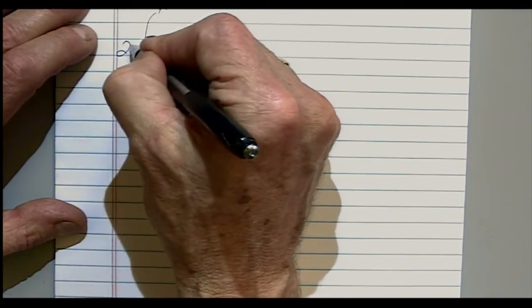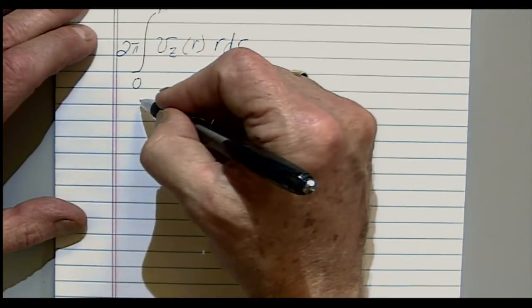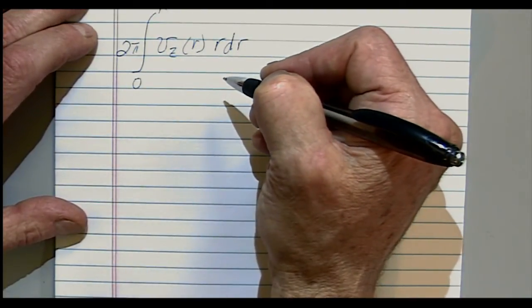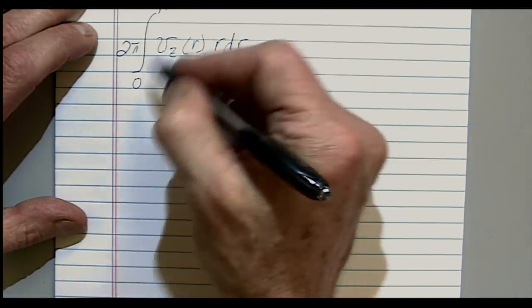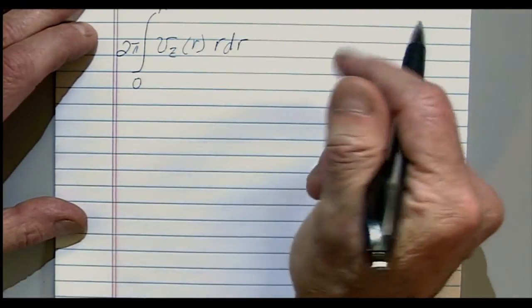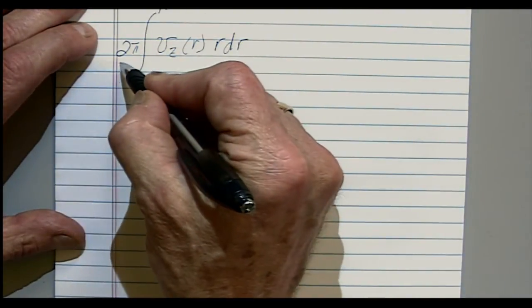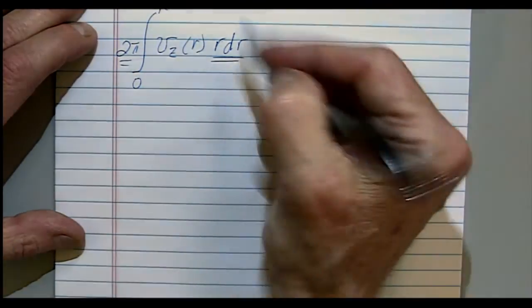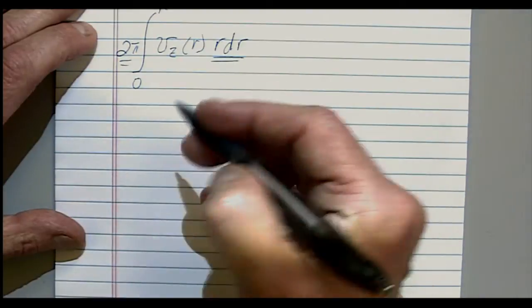So we get 2 pi out from doing the integral from 0 to 2 pi of d theta. Now we're left with an integral over the rest of the cross-sectional area. The area of the annulus is 2 pi times r dr. And now we have to integrate that out over r.